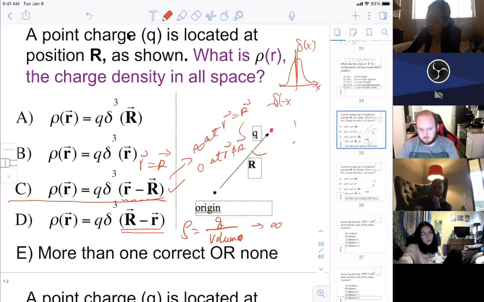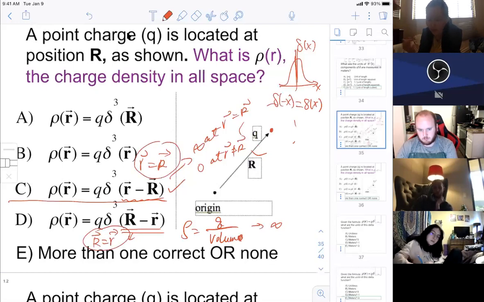Delta of negative x is equal to delta of x. It's all telling me the same information about x equals 0. You have infinity at x equals 0, and you have 0 at x not equal to 0. So it's an even function in the sense that a negative x gives me the same value as x. This is also telling me there's a particular point in space that matters, when r equals r'. So it gives me the same information.